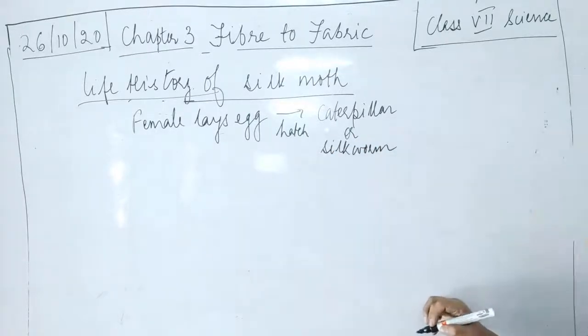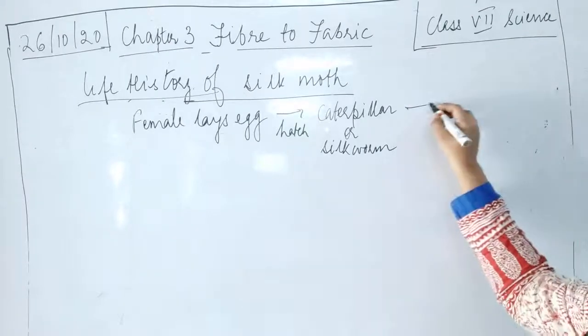Once the silkworm grows, it is ready to enter the next stage, called pupa.